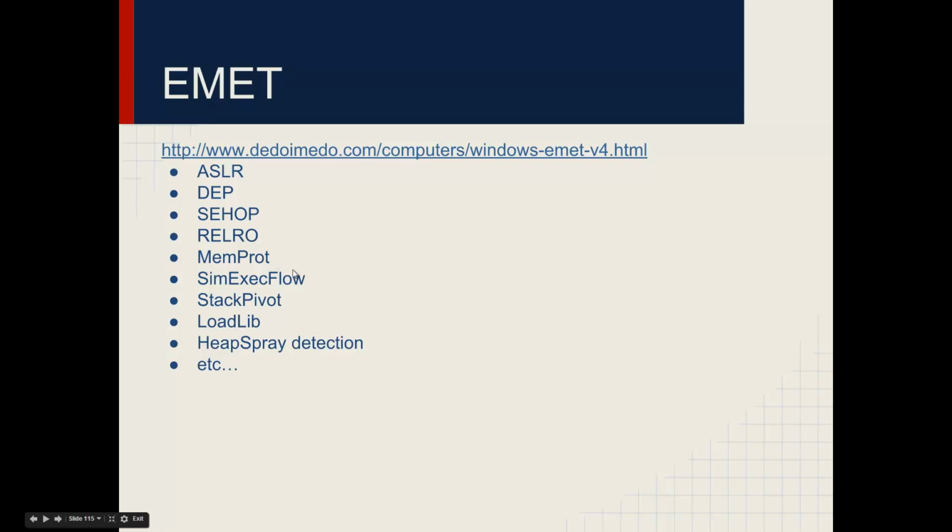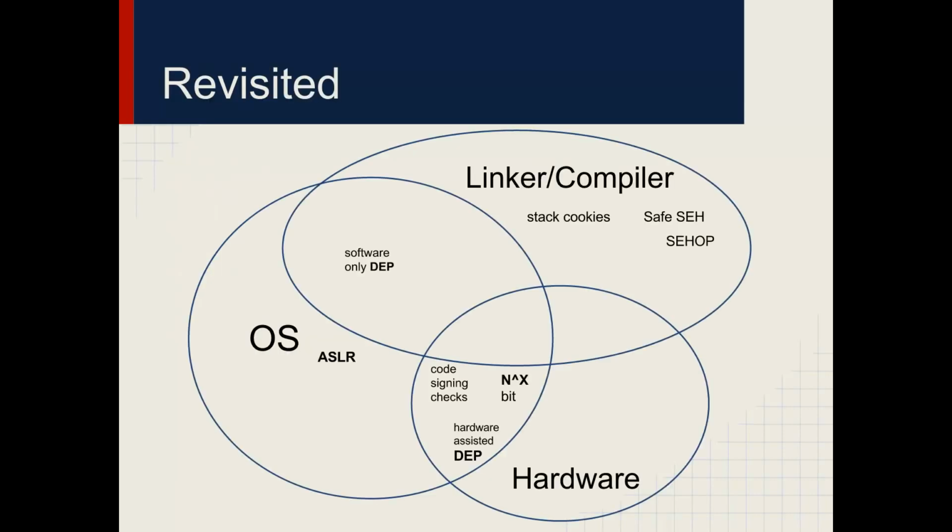Then there are various other mitigations that make exploitation even harder: MemProtect, simulated execution flow, stack pivot, load library checks, heap spray detection, etc. EMET is something that is unparalleled on other operating systems, which I believe puts Windows ahead of the game as far as security goes. It's still the most attacked operating system in the world, as it seems, by malware authors.